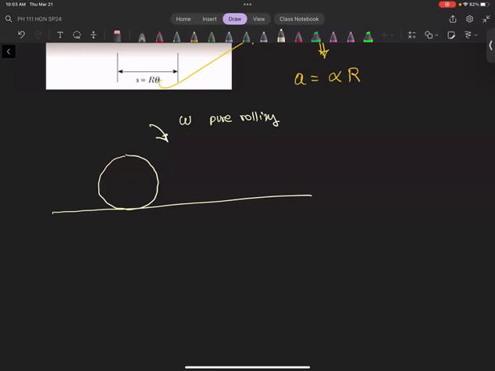What is the kinetic energy, in general terms, of this thing? And you should ask, who's asking? Who is asking this question? Is it an observer riding the disk, located at the center of the disk, or is it a stationary observer looking at the disk rolling? Who is asking?